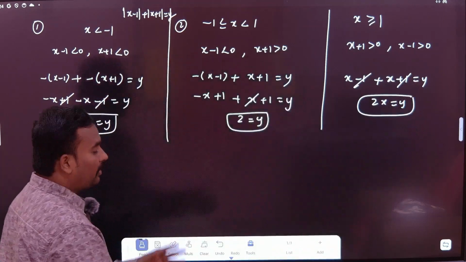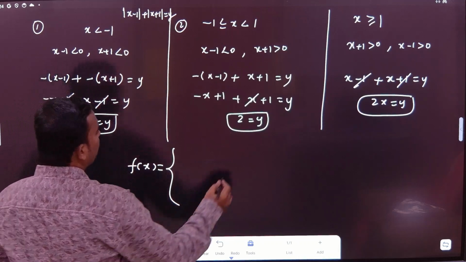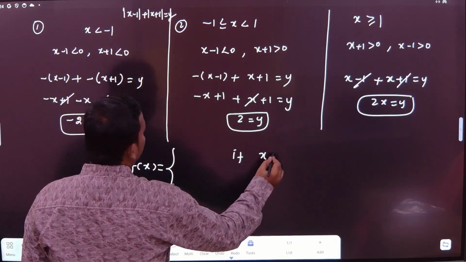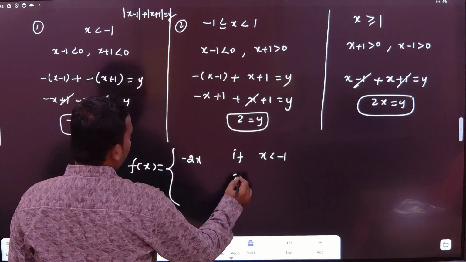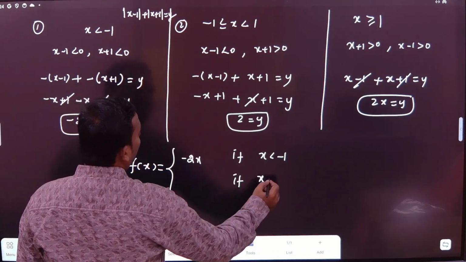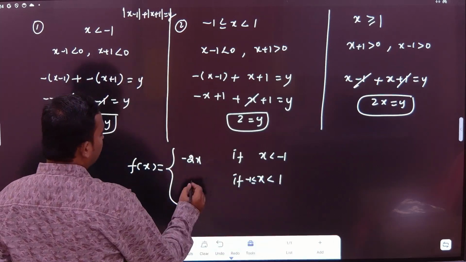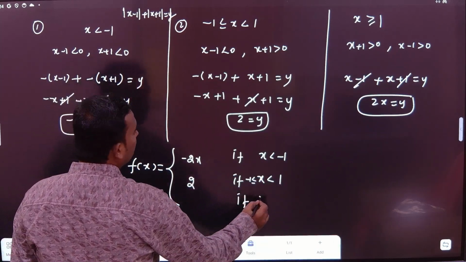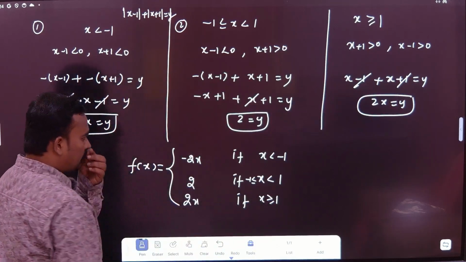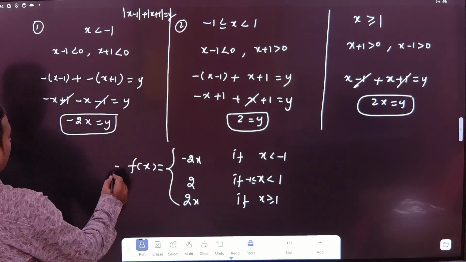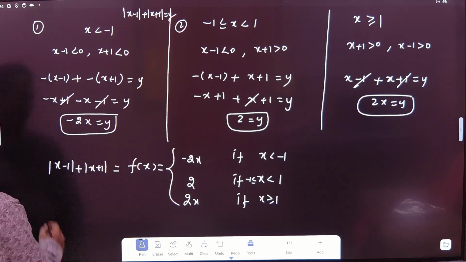So redefine the function: f of x equals minus 2x if x is strictly less than minus 1; 2 if x is from minus 1 to 1; and 2x if x is greater than or equal to 1. This is your mod x minus 1 plus mod x plus 1 graph. I hope everyone understood, right?